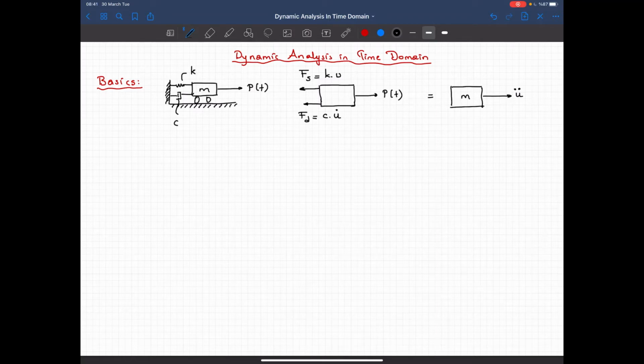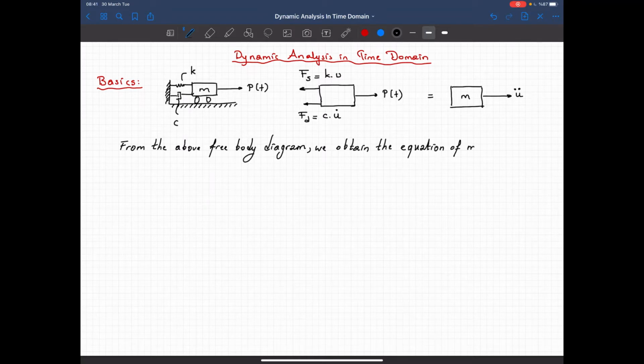And by looking at this equilibrium equation, we can write the equation of motion. So from the above free body diagram, we obtain the equation of motion for a general single degree of freedom system.